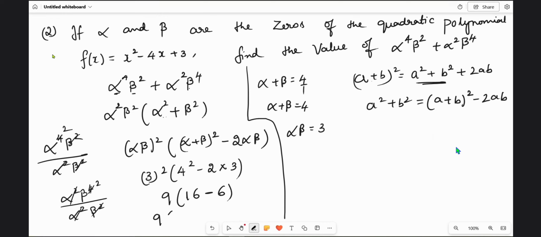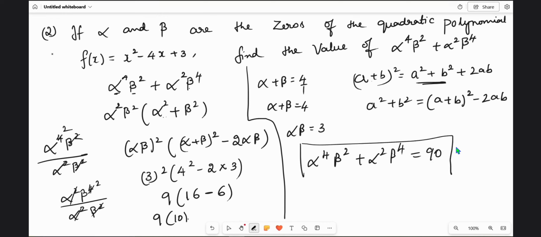So you will get 9 into 10. So alpha to the power of 4 into beta square plus alpha square into beta to the power of 4 is equal to 90. This is one method. Write down this. Everyone write down.